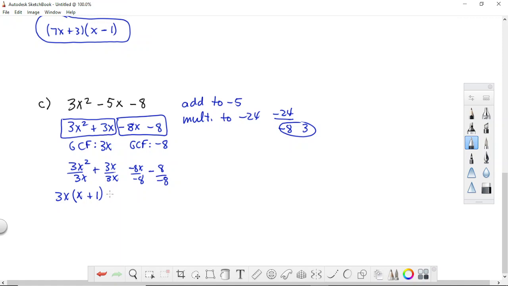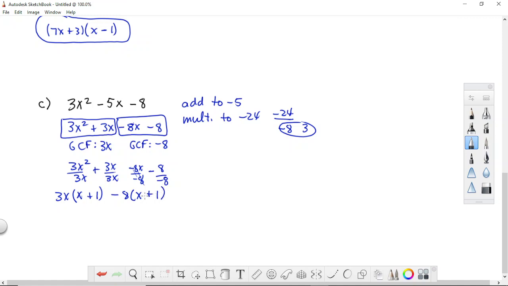Okay, so taking out the negative 8, it's going to leave whatever this quotient is here. Negative 8's cancel, so that's x. And here, minus 8 over negative 8, it comes out to positive 1, right? Okay.